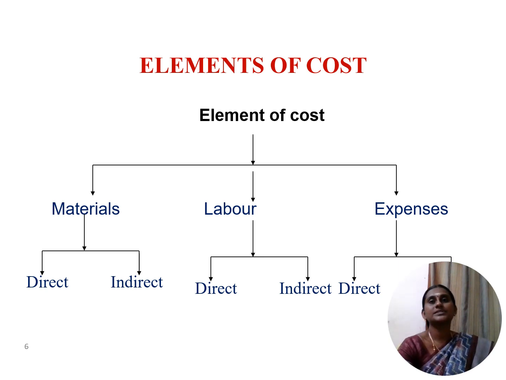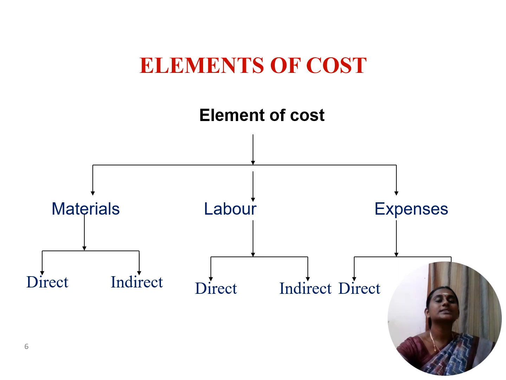So other expenses are those expenses other than the material and labor. Examples of other expenses at factory level: factory rent, factory insurance, lighting, etc. At office level: office rent, office insurance, office lighting, etc. At selling and distribution level: advertising, showroom expenses like rent, insurance, etc.